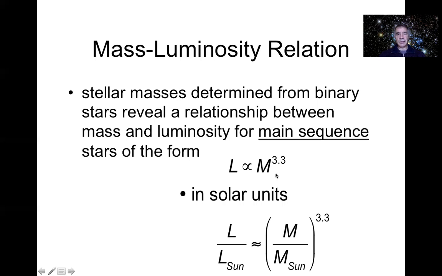When you determine the masses of stars, of course, a good thing to do, like any scientist, is plot one parameter against another one. If you plot the luminosity of a star against its mass, you find that there's a reasonable power law relationship between them.